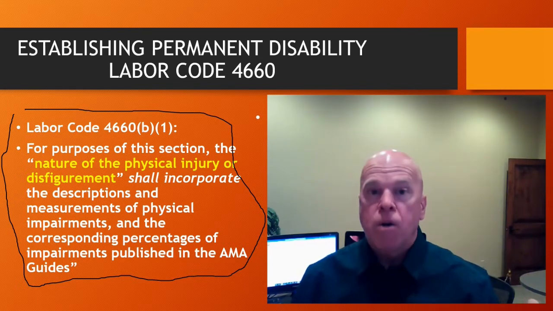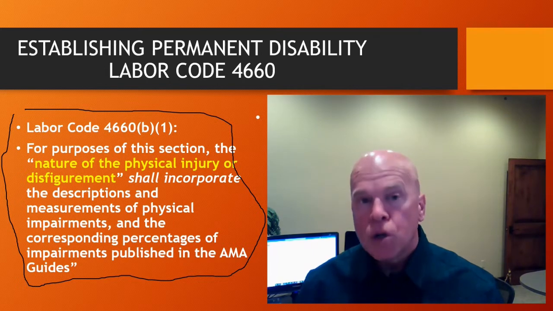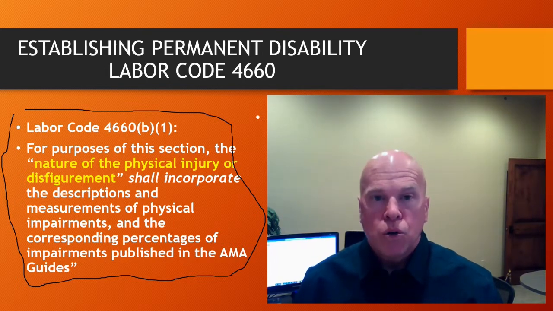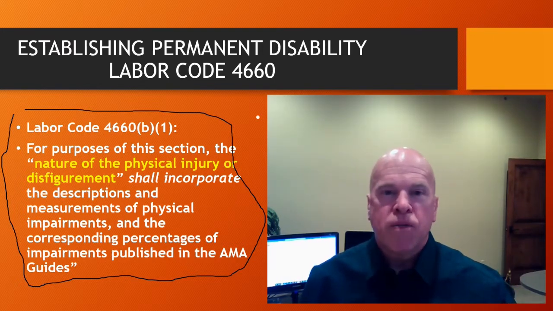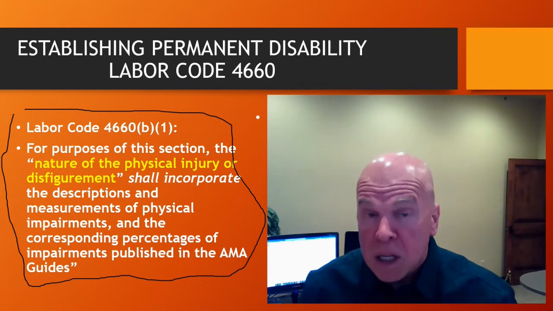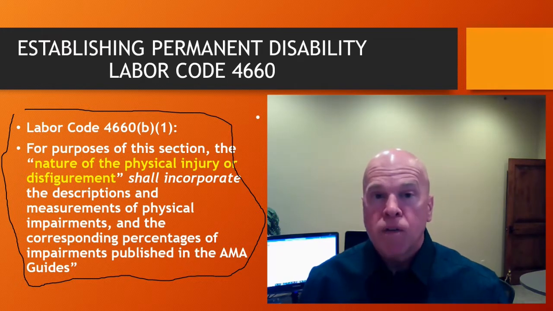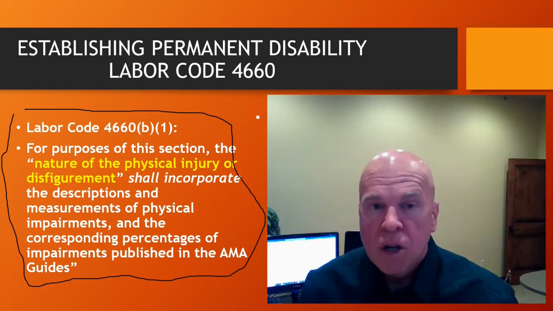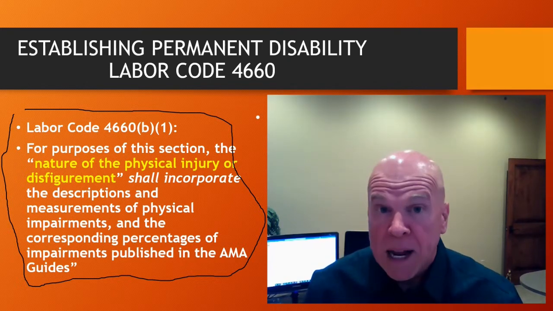So, as we already established earlier, the AMA guides provide for a very conservative approach to formulating permanent impairments, and that conservative permanent impairment number then goes into the formulation of the permanent disability rating. So the permanent disability rating, based on conservative descriptions of the AMA guides, provides for a very conservative permanent disability rating.